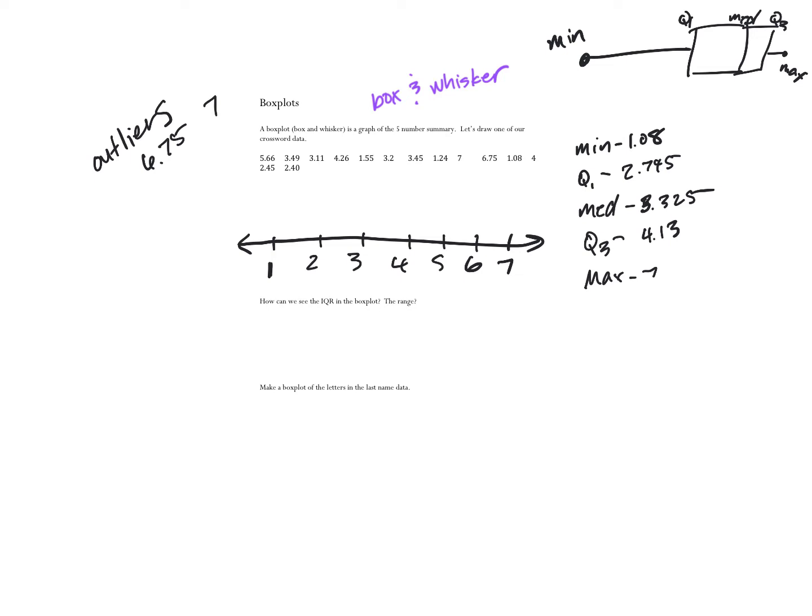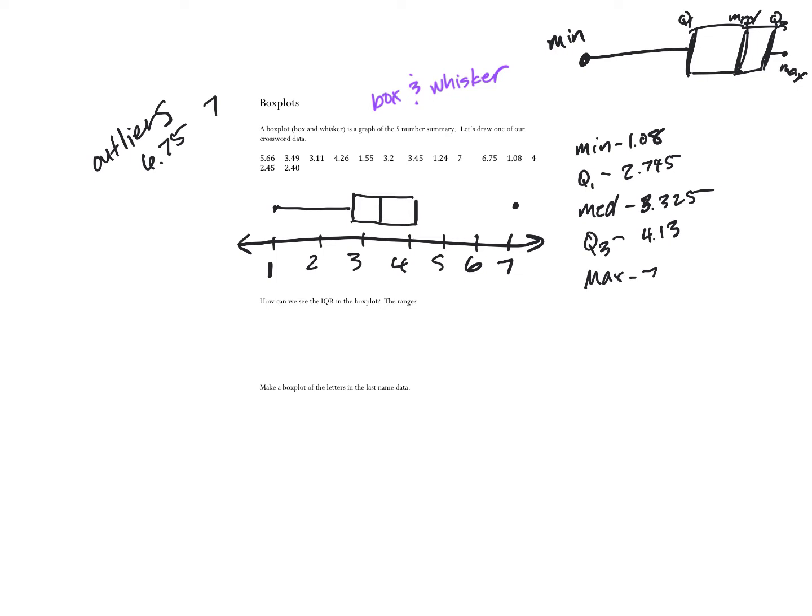Okay? So what I'm going to do is make a point at 1.08 since that was my minimum. Then I'm going to do the 3 lines for the Q1, the median, and Q3. So 2.745, 3.3, 4.13. I can connect those. I'm going to make a point at 7, but I'm not connecting to that point.